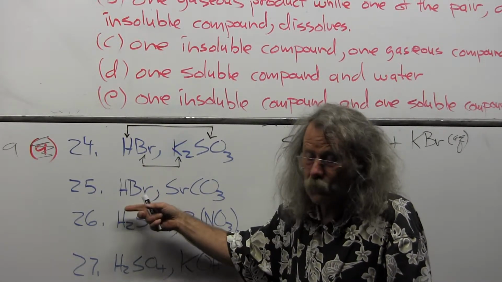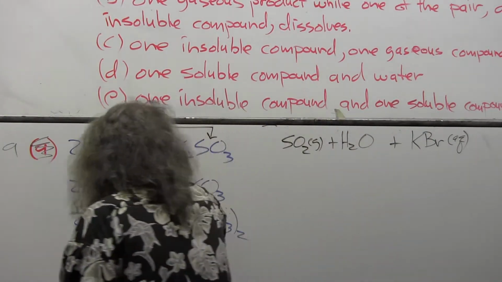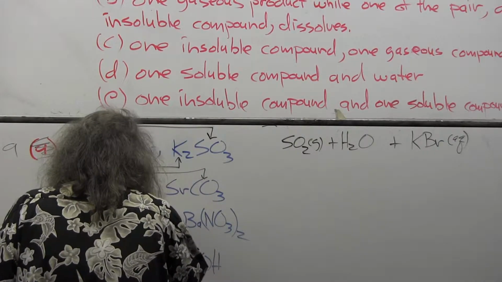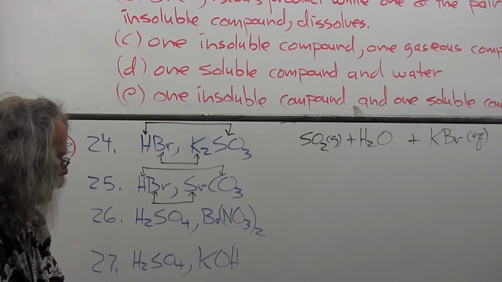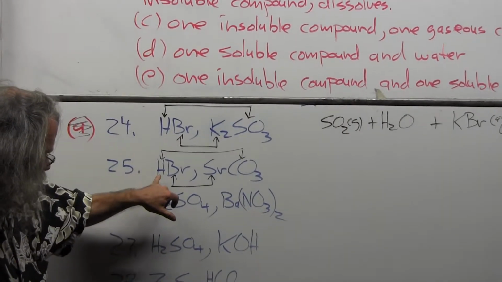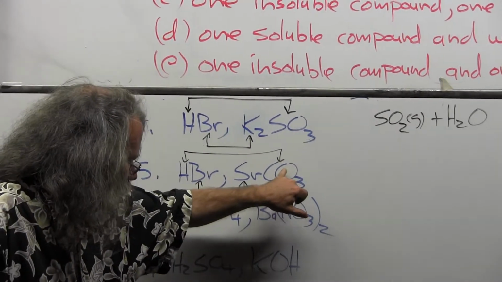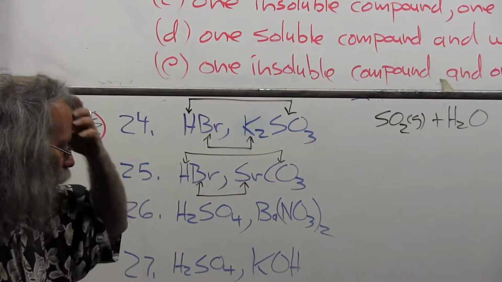When I add hydrobromic acid to that solution, what's going to happen? So again, I'm going to look at the outer pair and the inner pair to see what's going to happen. This is similar to the first problem. I've got a hydrogen ion, so I look at the outer pair, the anion, and that is a carbonate ion.